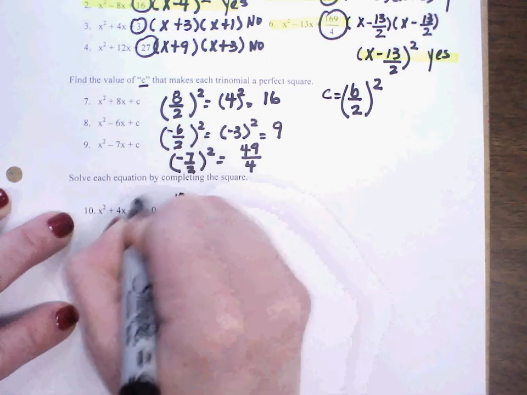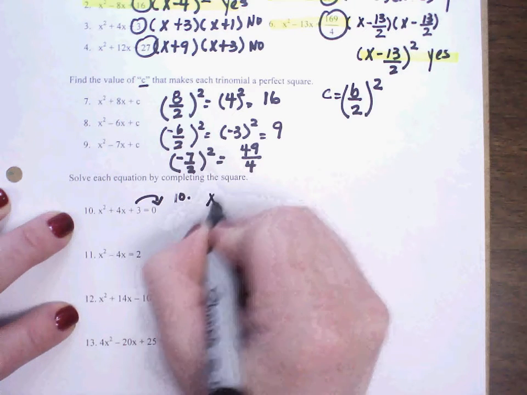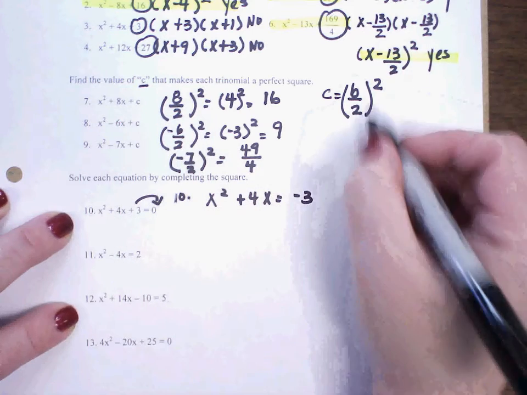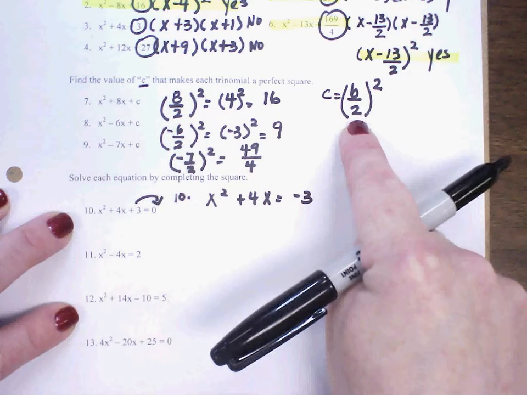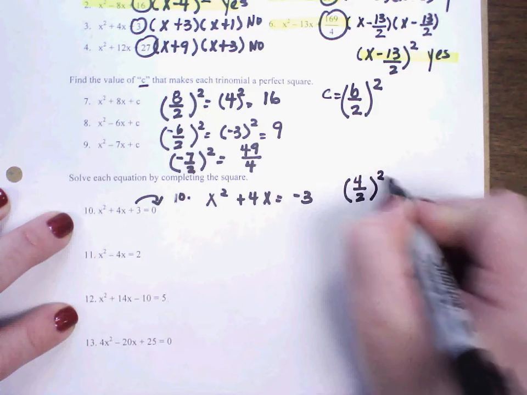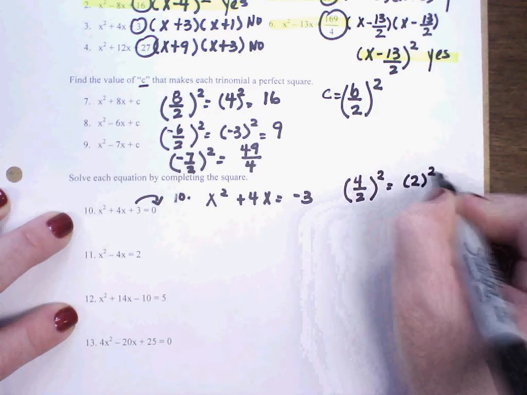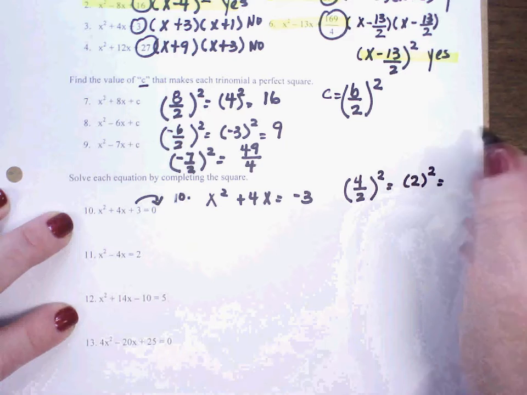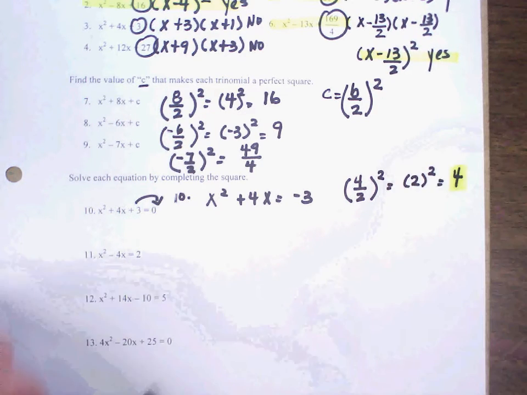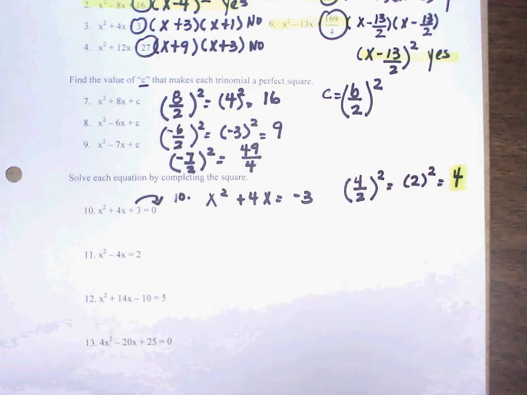So the first step for number 10 would be to take that 3 to the other side, right? So x squared plus 4x equals negative 3. And now I got to find my C. Okay? So that would be 4 divided by 2, which is 2, and then that squared. Remember, that's what I'm adding. That's what I'm factoring with.